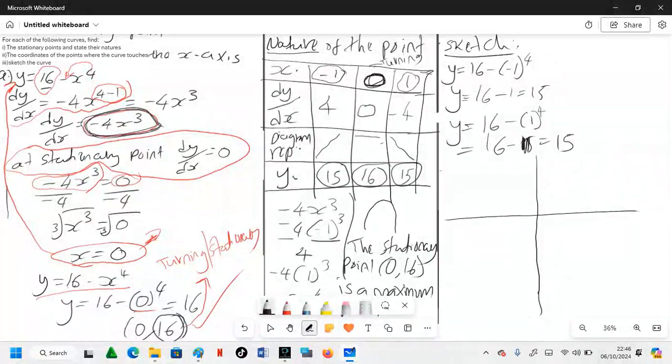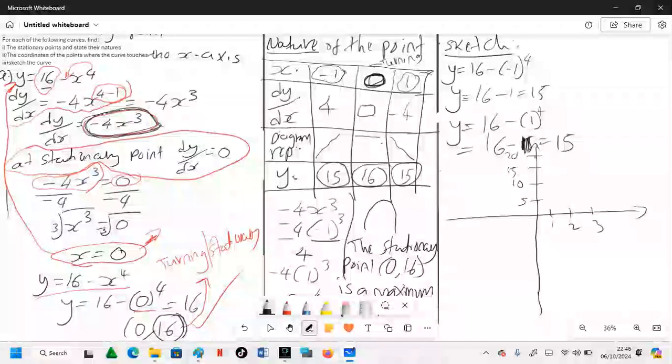So for y, I can use a scale of 10 centimeters representing 5, so we have 5, 10, 15. So 16 is somewhere up there, and 20 is there. And then for x, maybe I can use 1 centimeter to represent 1.